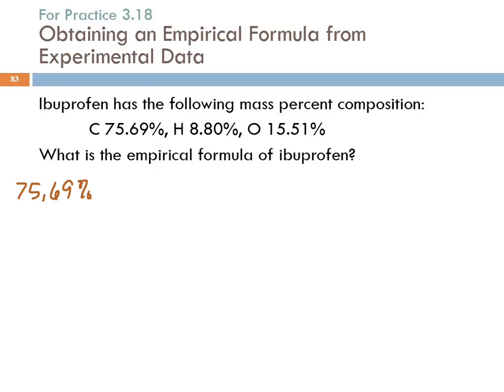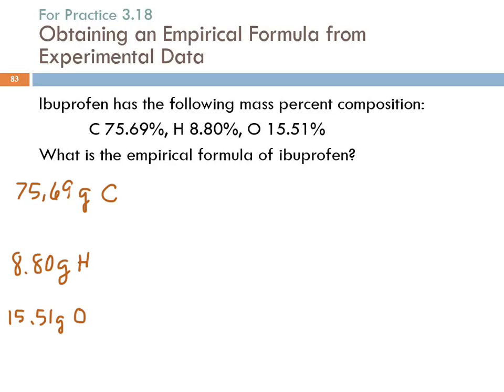It's the same as the percentage. So just erase the percentage and write grams. So for the hydrogen, 8.80 grams of hydrogen. And for the oxygen, 15.51 grams of oxygen. So we've got the grams.